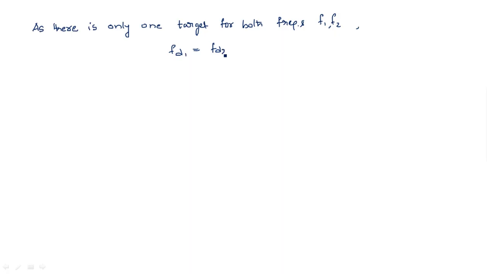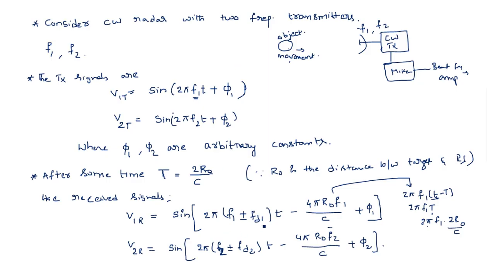So as there is only one target, fd1 is equal to fd2, which we simply consider as fd. This is because of the single radar system and the single target.